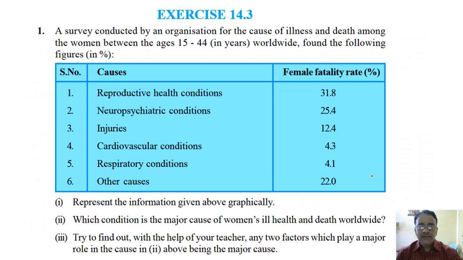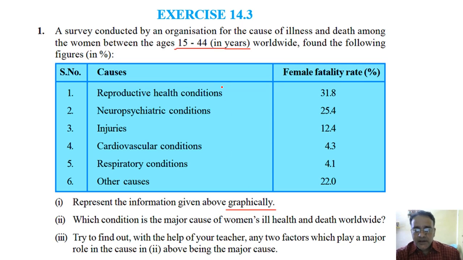So let us start with the first question of the next exercise, 14.3. A survey conducted by an organization for the cause of illness and death among the women between the ages 15 to 44 years worldwide found the following figures. Represent the information given above graphically.